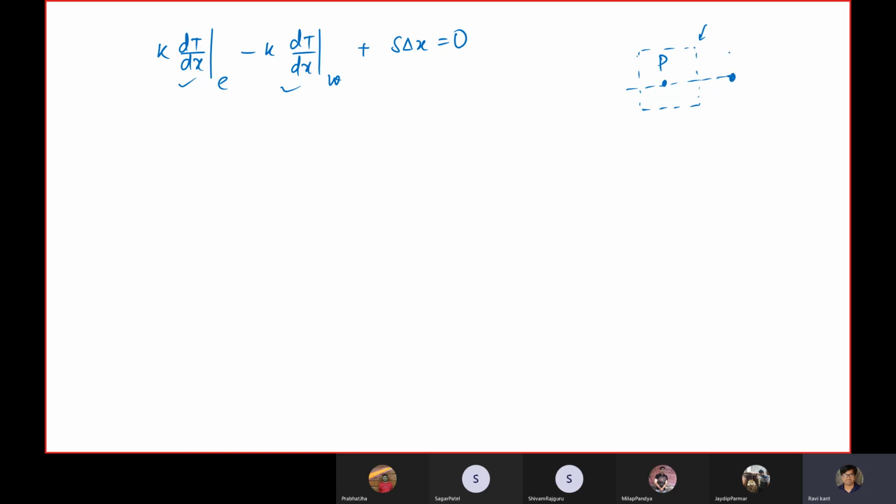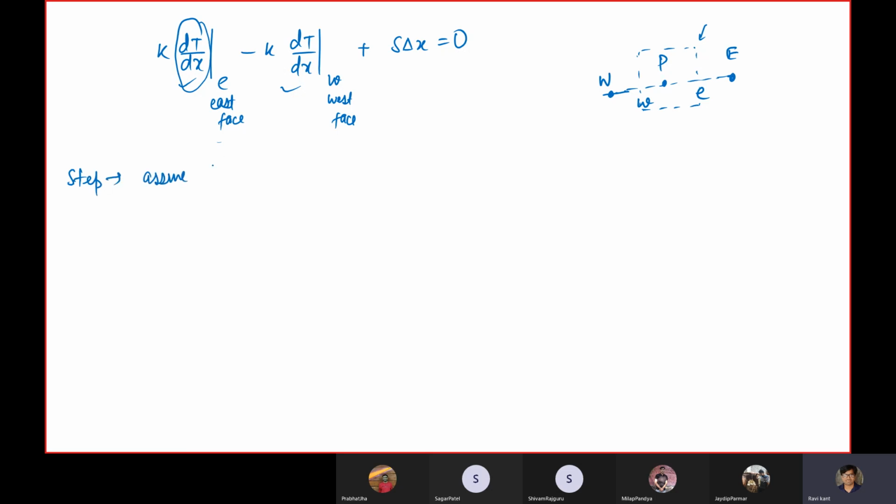This is your east node, this is your west node, this is your west face, and this is your east face. So you have to evaluate the slope dT by dx at the east face.